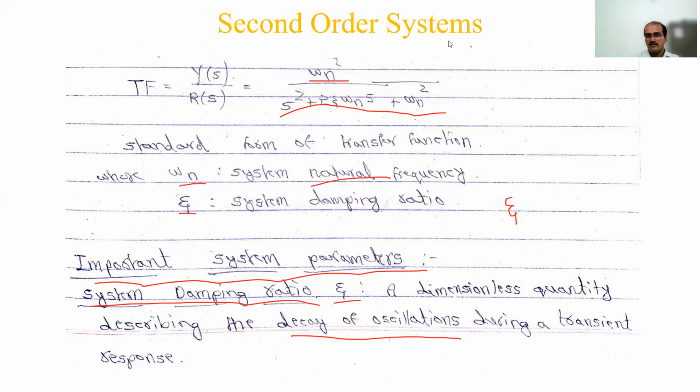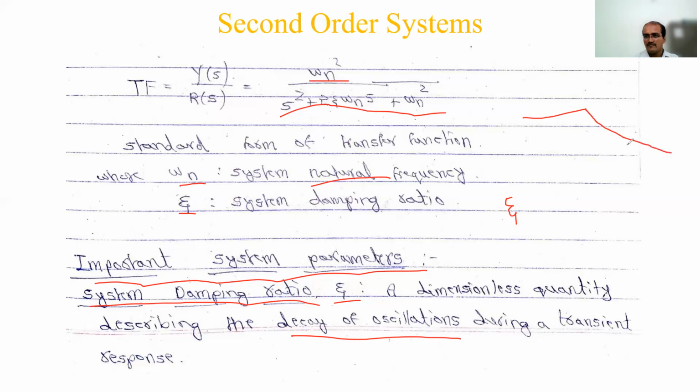For example, if you are traveling at a constant speed on a bike, and suddenly you do not apply the brake, you just stop giving acceleration, what will happen to your speed? It will decrease, decrease, decrease, and finally it will come to rest.